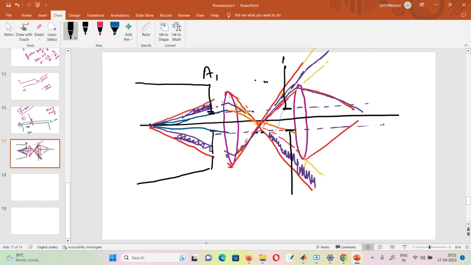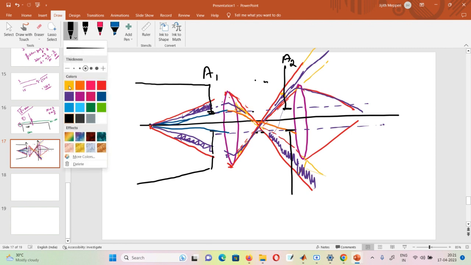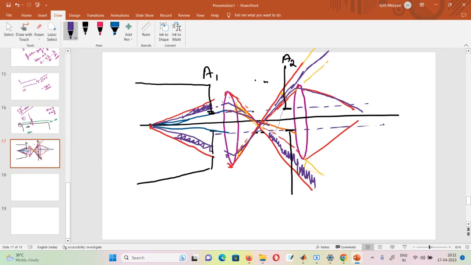Now which is the aperture stop? Now which is actually controlling? If A1 is only there, you see that particular light. A2. Yeah. Now if A1 is only there, the light is supposed to go this way. But because A2 is here, this much light cannot enter, because this is blocked here.